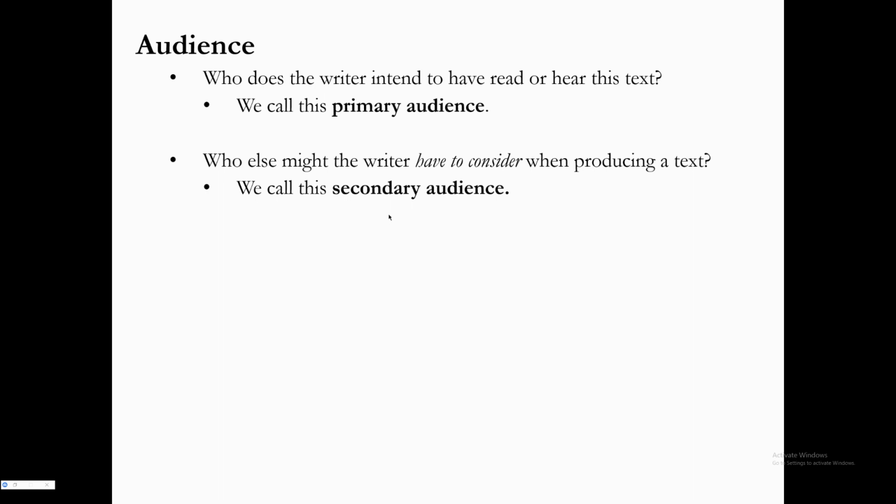So an example, I'm thinking of Ijeoma Oluo's book, So You Want to Talk About Race, right? It's clear to me that the intended audience, the primary audience of that text for her is white Americans, right?